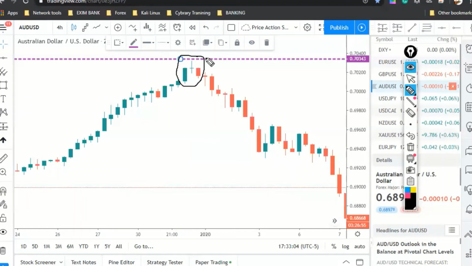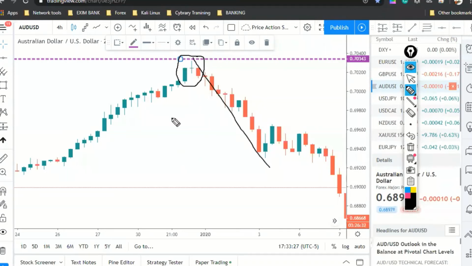Yeah, does this look familiar? A reversal pattern. Okay. This is an evening star pattern, a reversal pattern that shows that price is going to go down.